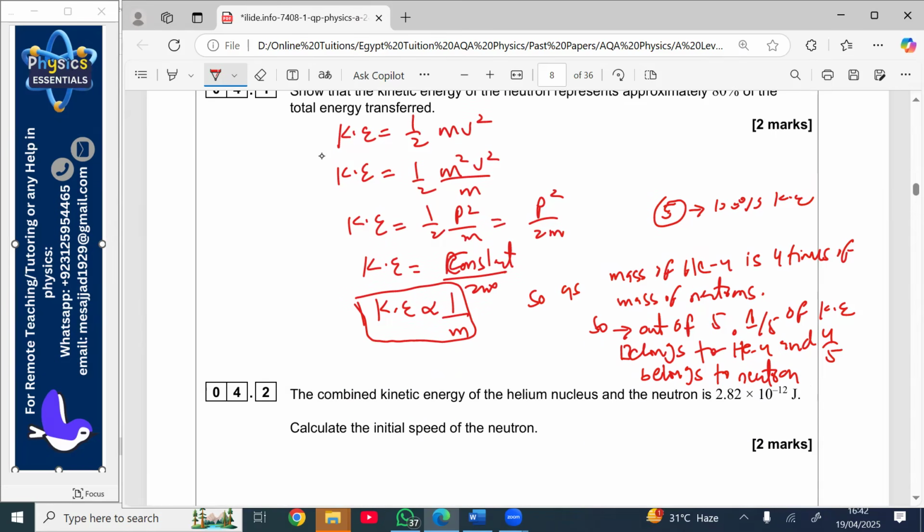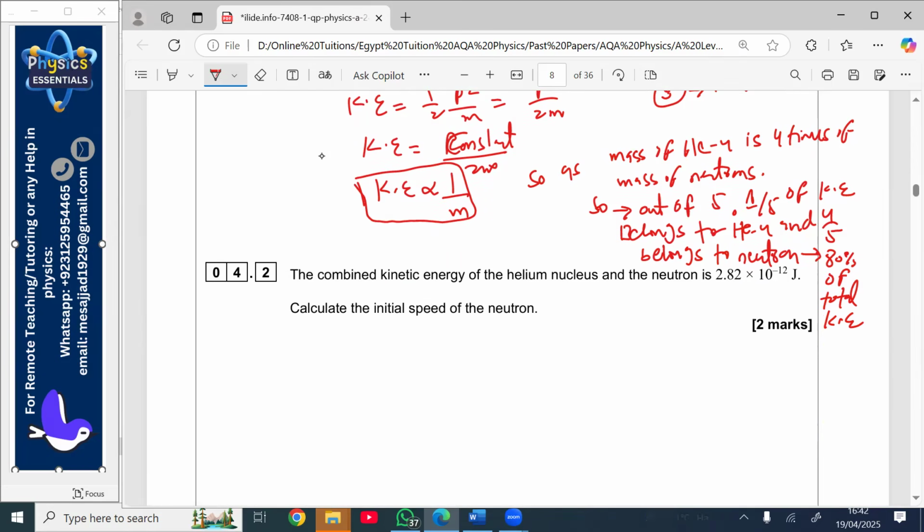How? Because mass is inversely proportional to kinetic energy. So helium is 4 times heavier than neutron, so neutron should have 4 times more energy than helium. So therefore, I will say 80%. So 4 parts out of 5 means 80% of total KE belongs to neutron.